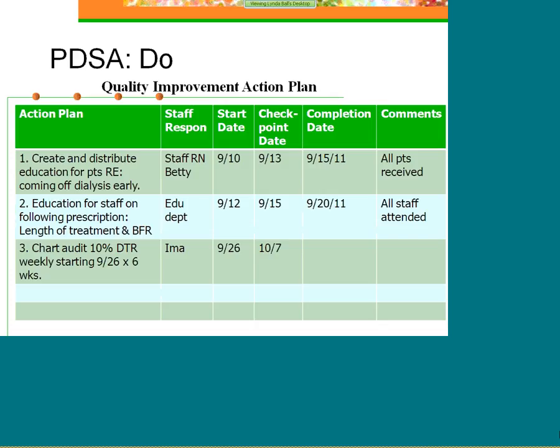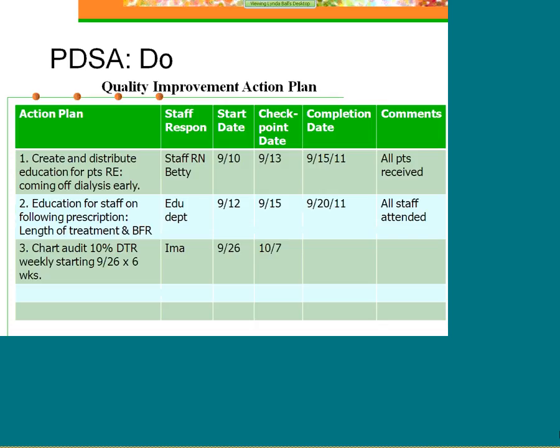And if you don't document those things, remember we talked about documentation not being there. You need to document when somebody comes off early because you're not completing the prescription as ordered. If the patient's ordered for 4 hours, having them dialyze for 3 hours and 50 minutes is an error. They need to dialyze for 4 hours.